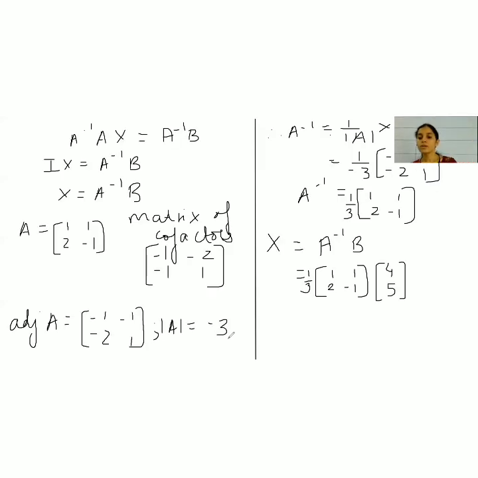Okay. Perform the matrix multiplication. Leave the 1 upon 3 outside. So we'll have 4 plus 5, that is 9. And the next one is 8 minus 5, that is 3, right? So the answer will be, we'll put 1 upon 3 inside now, so 3 and 1.